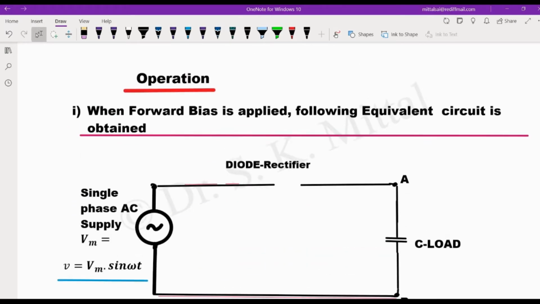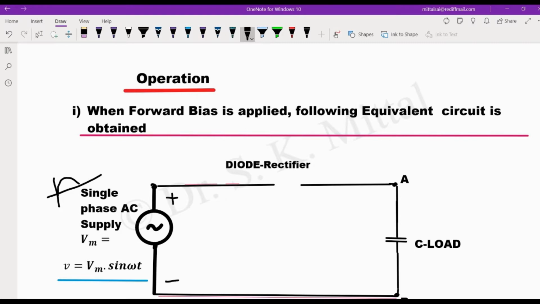After the circuit diagram, we will study the operation of this half-wave rectifier. First of all, suppose the positive half supply comes at the input terminal of the rectifier. Then at the supply, the polarities are like this.